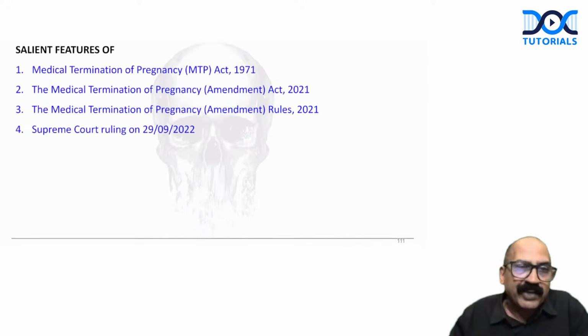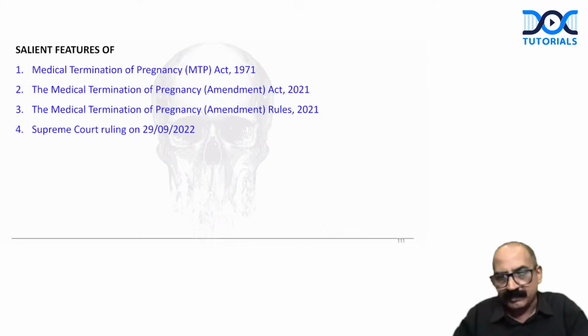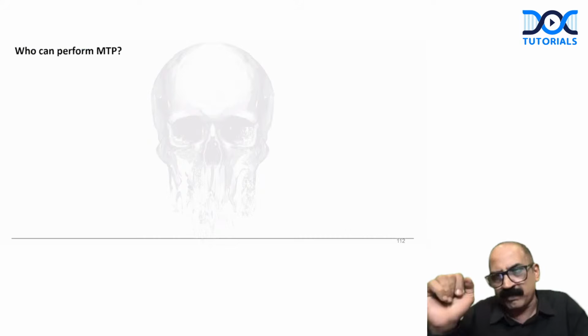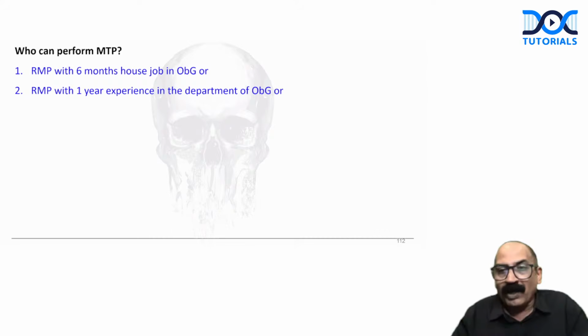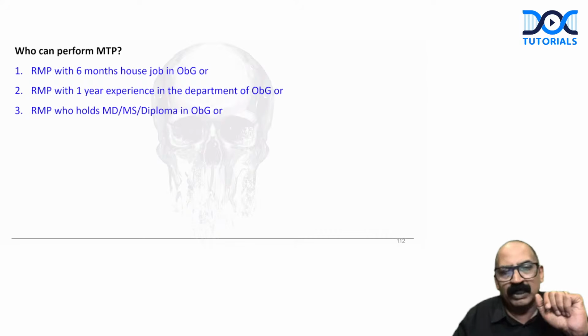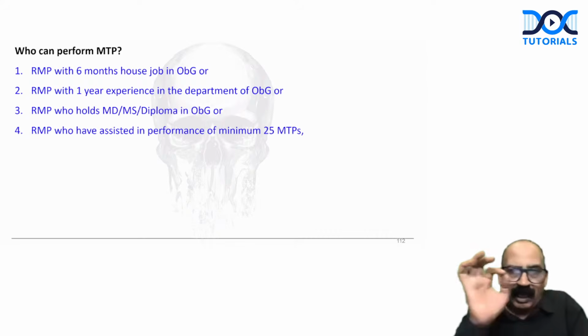Let me speak on salient features of MTP Act 1971, MTP Amendment Act 2021, MTP Amendment Rules 2021, Supreme Court ruling. Look here. Who can perform? Minimum 6 months of experience in OBG as house job, or even 1 year experience in OBG, or if a person has done DGO or MS or MD in OBG, or any RMP.